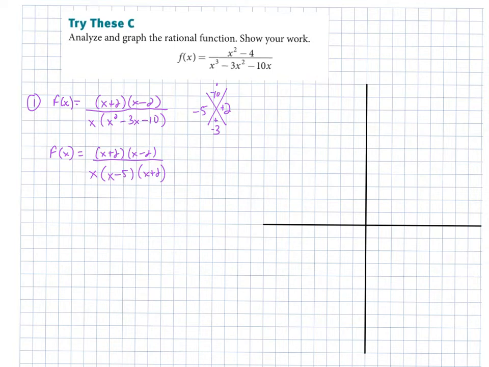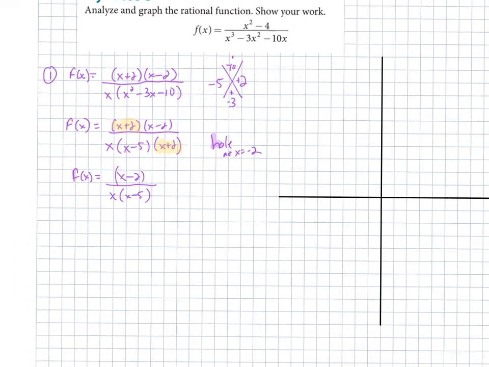First thing I notice, we do have some common things to divide out, the x plus 2 and the x plus 2. We've seen this before in our simplifying section. This is what's going to create a hole at x equals negative 2. So f of x equals x minus 2 on the top, x minus 5 on the bottom.